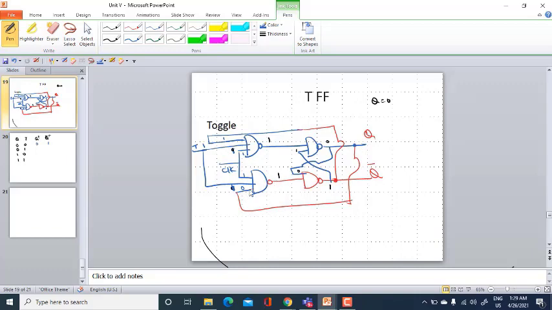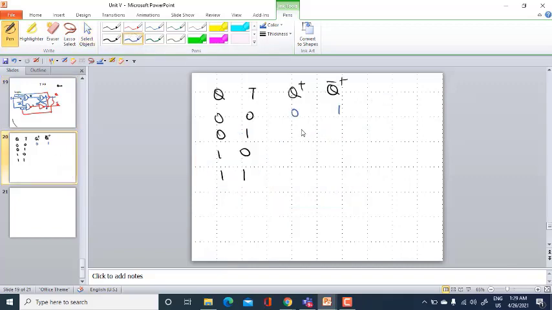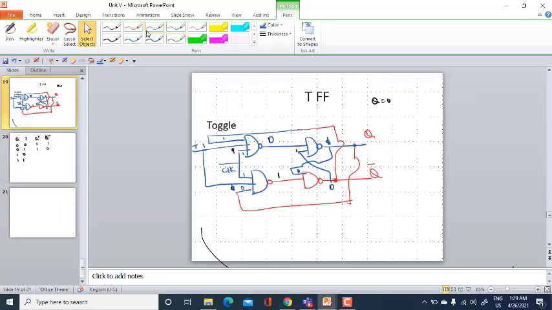If this is 0, this is 1, and with all 1s, the output is 0. So 1 and 0. And again now your Q is 1.